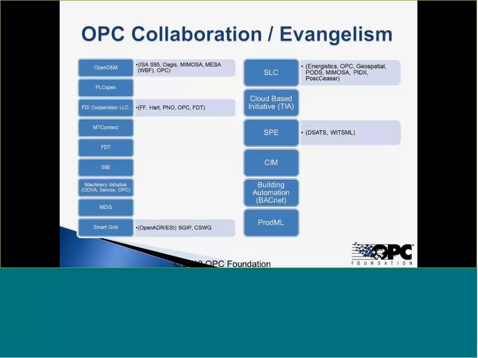The first thing I'd like to highlight is I talked about a community collaborating before, where OPC Classic was about a community of suppliers and end users. Now we're talking about a community of other standards organizations. So, for example, Open O&M, PLC Open, things in the oil and gas arena, upstream oil and gas, or BACnet.